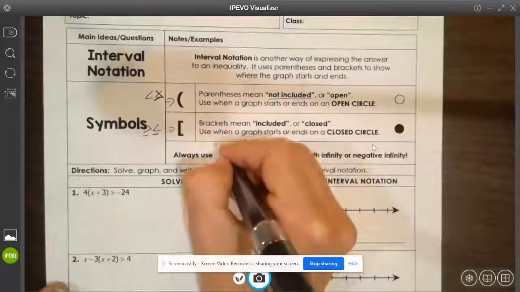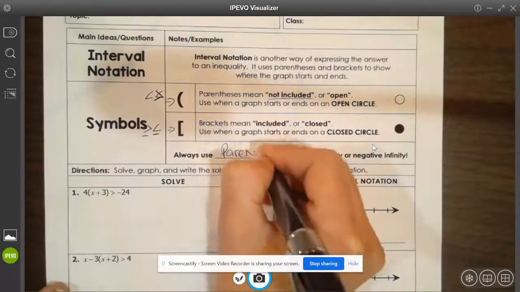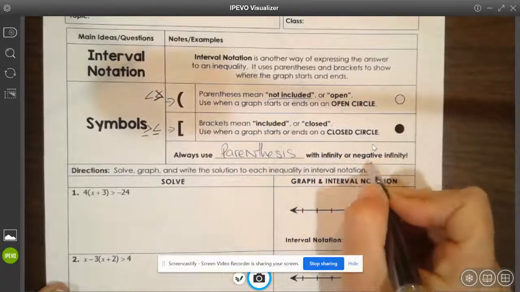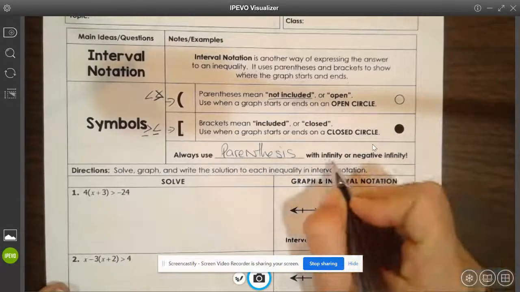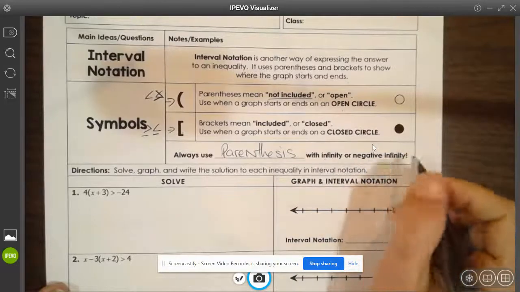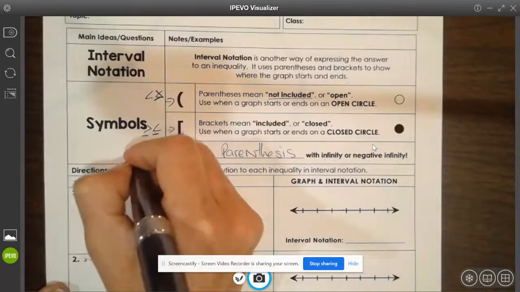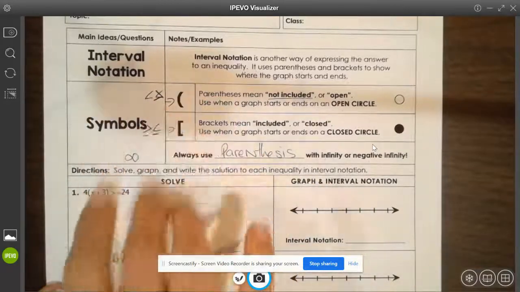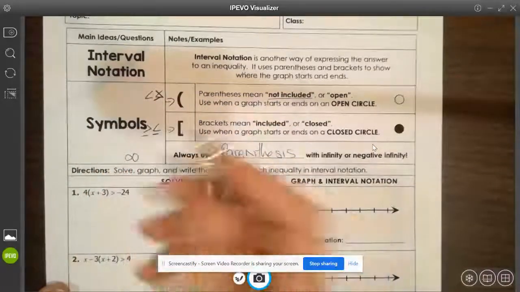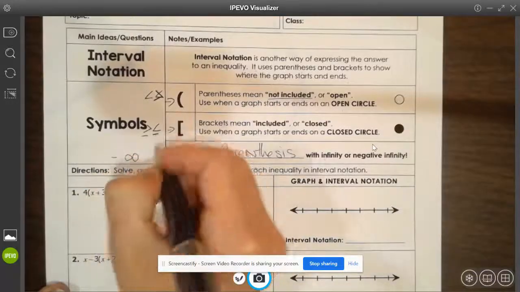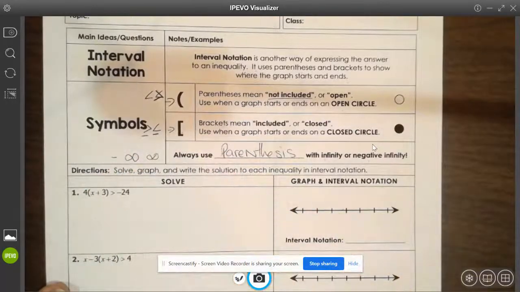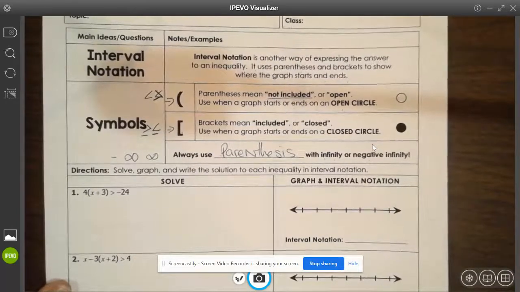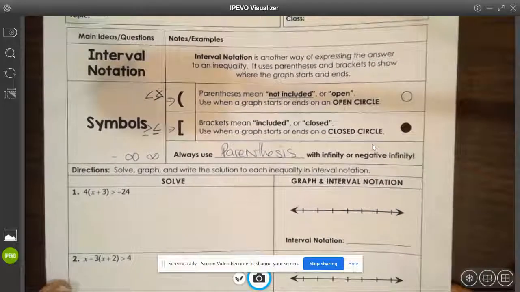Always use parentheses with the infinity or negative infinity. Very, very, very important. And the infinity sign looks like a laid down 8, something like that. There is a negative infinity and a positive infinity. Okay, we're gonna learn to use that notation here. So that is called interval notation.